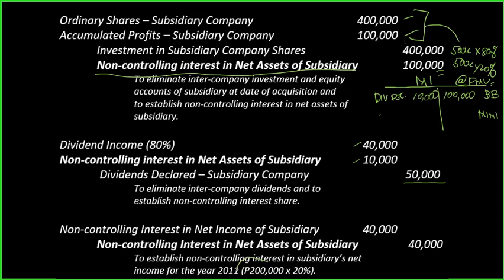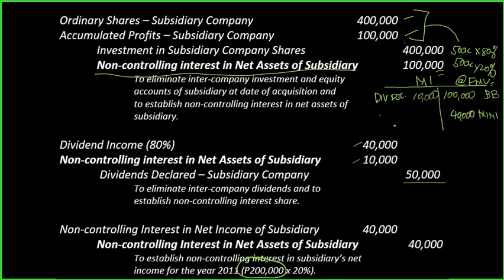Buti hindi ko na sinulat. Your subsidiary has 200,000 as a result of its operation. Now, it's partially owned. We only own 80% of that. So 20% will go to your minority interest, and that will be 40.